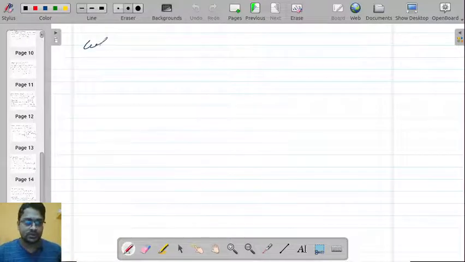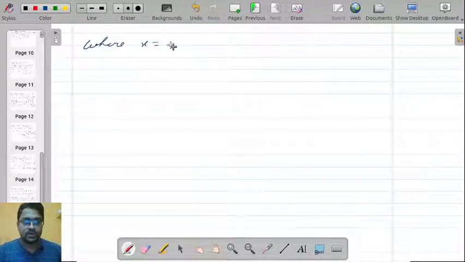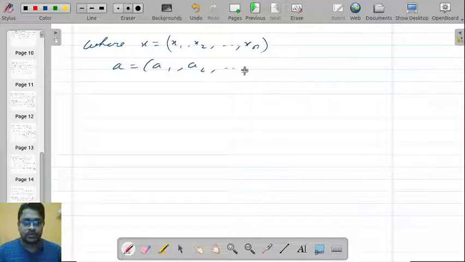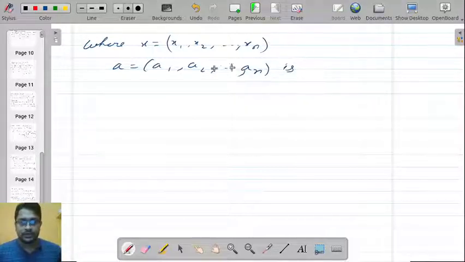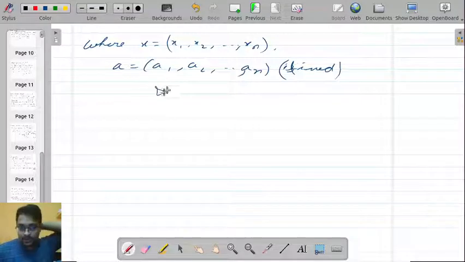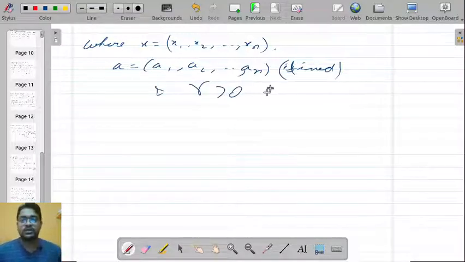Where x equal to x1, x2, up to xn, and a equal to a1, a2, up to an is fixed, and r greater than 0 is also fixed.